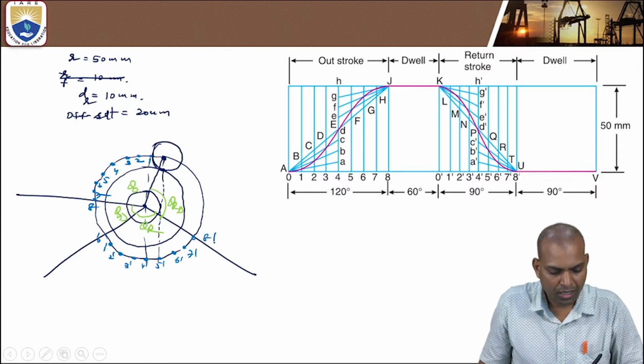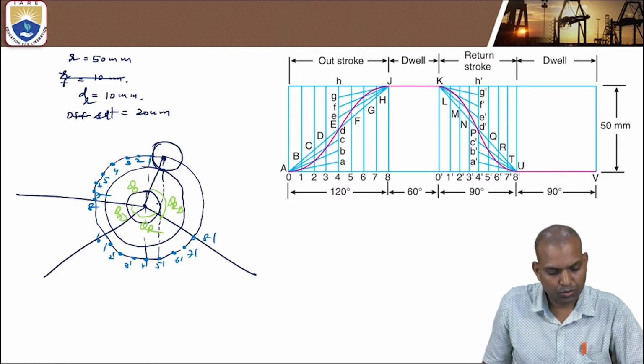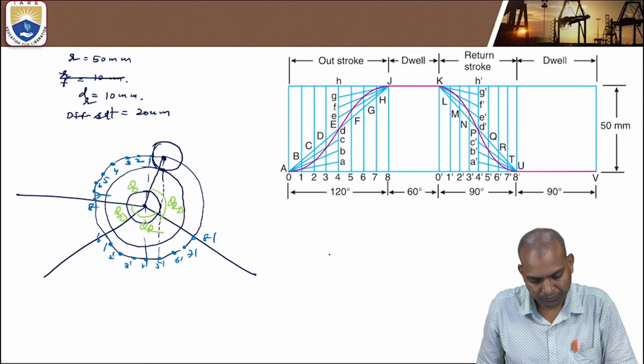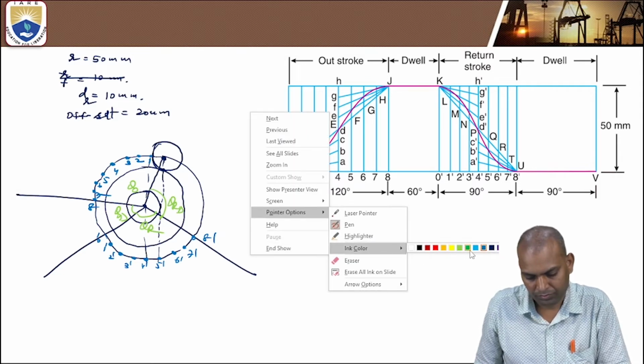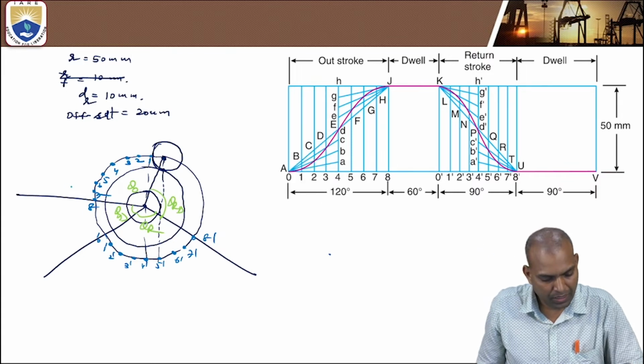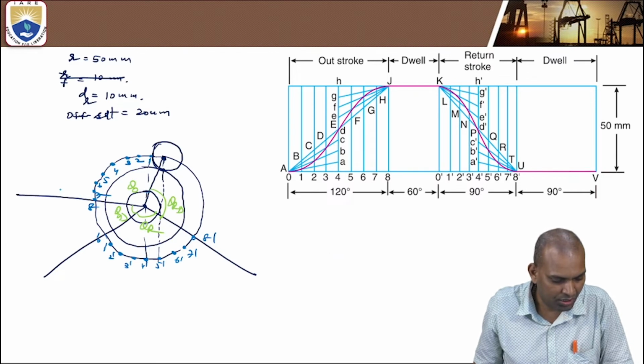Very important, now we have to draw tangential lines to the offset circle passing through the divided points of the prime circle. Now draw the tangential lines. It should be tangential.